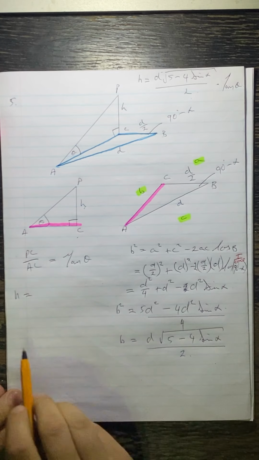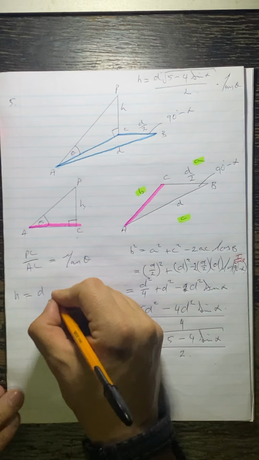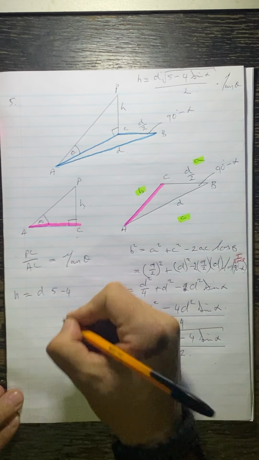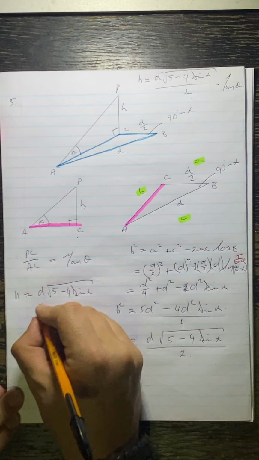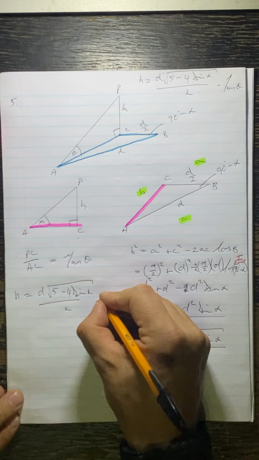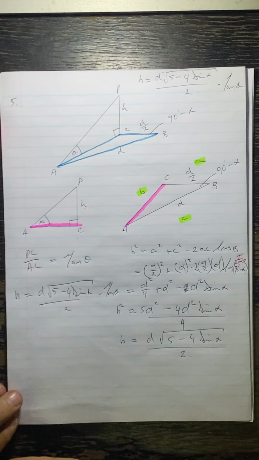My apologies. So multiply up with that, and we get D times the square root of 5 minus 4 sine alpha, all over 2, multiplied by tan theta, which is exactly what they wanted.